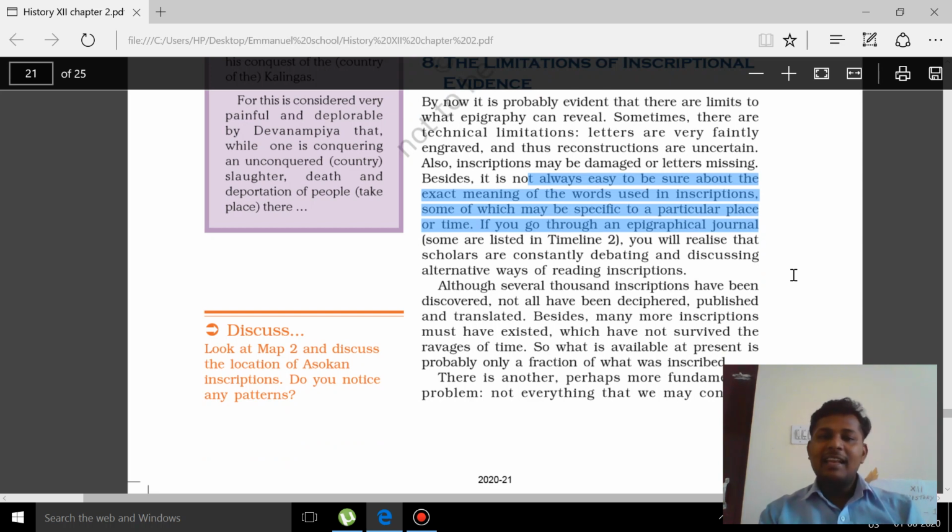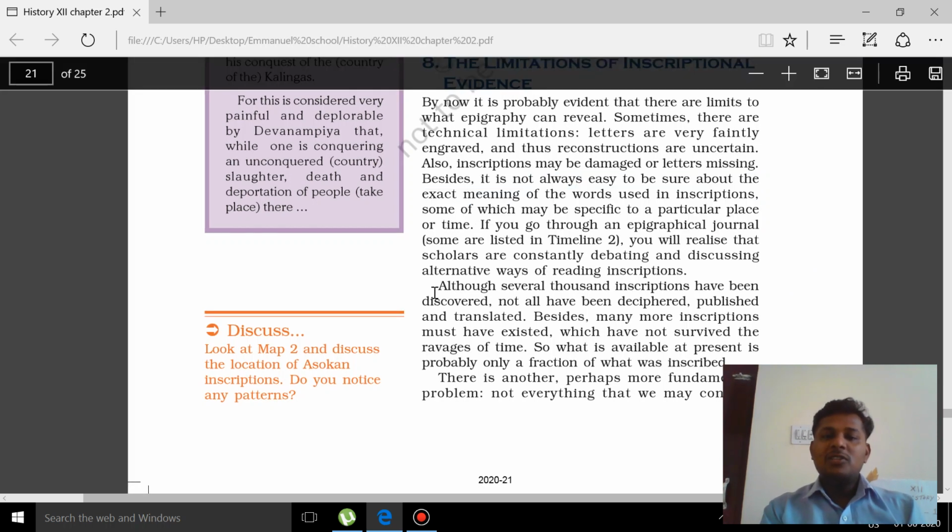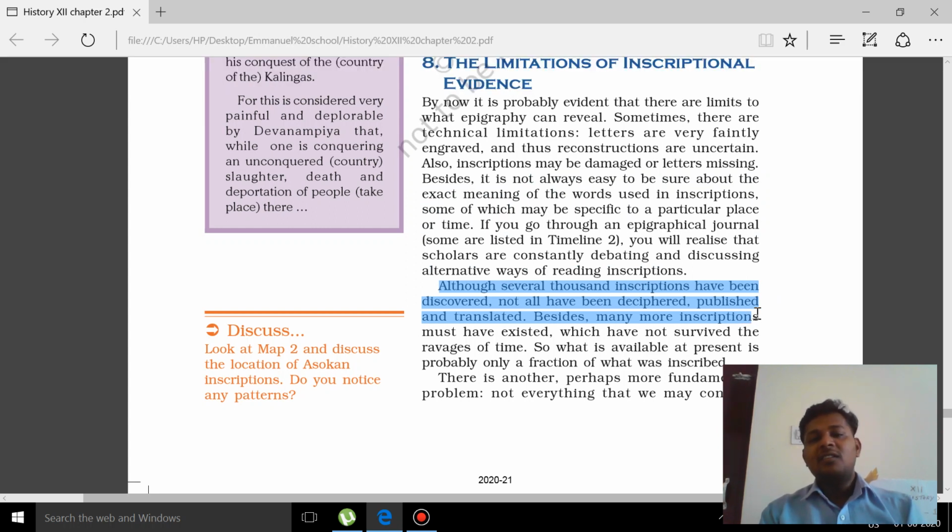Since the letters are faintly engraved, it is very difficult to reconstruct, and second, it's damaged, the letters are missing, so we cannot get the exact meaning of the words inscribed. Now, another problem is, although several thousand inscriptions have been discovered, not all have been deciphered, published, translated. We don't have any meaning for all of the inscriptions, we have not translated them. There are thousands of inscriptions which may not have a translation or decipherment.